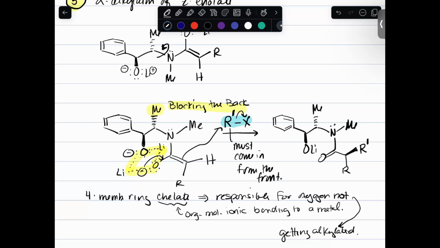All I've got is my R prime is now wedged, and it's wedged and opposite to my methyl group. Okay?